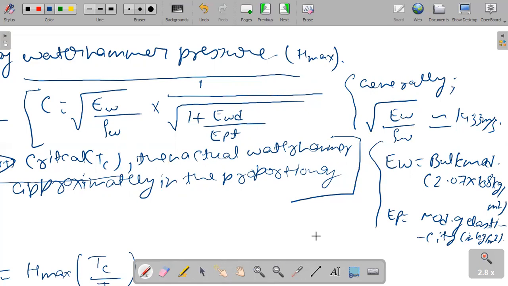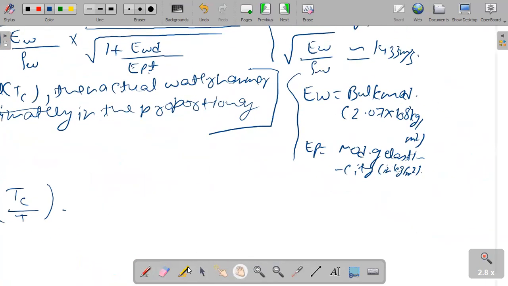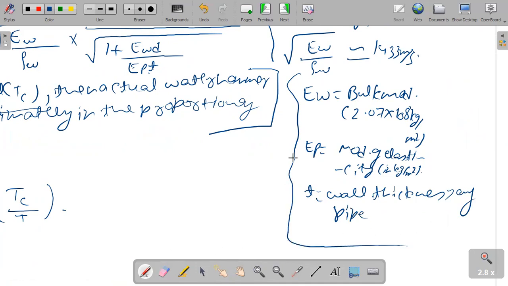And t is the wall thickness of the pipe. So this is all about computation of water hammer pressure.